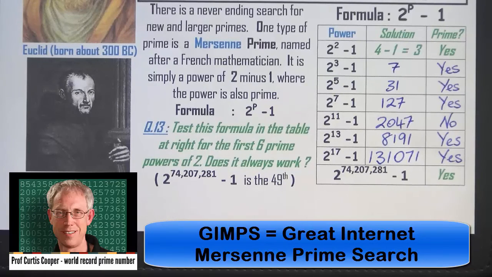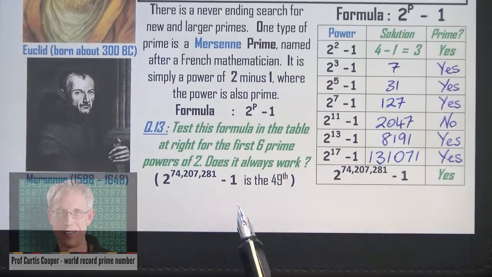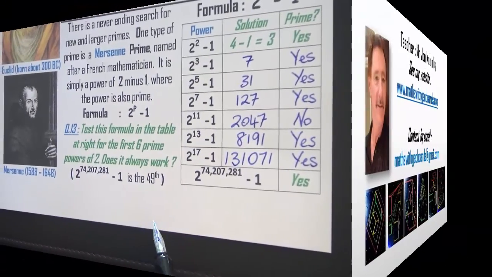Many people know a googol, which is 1 followed by 100 zeros. Well, this number is much, much larger than that. This number has millions of digits. If you're interested in this, why don't you look up GIMPS and Professor Curtis Cooper on the internet.